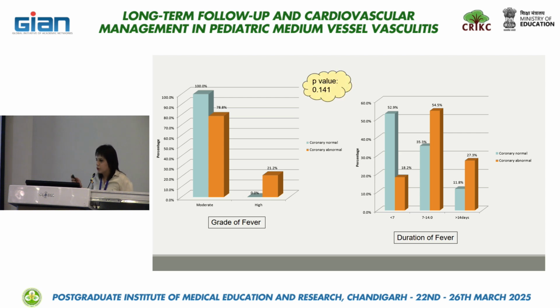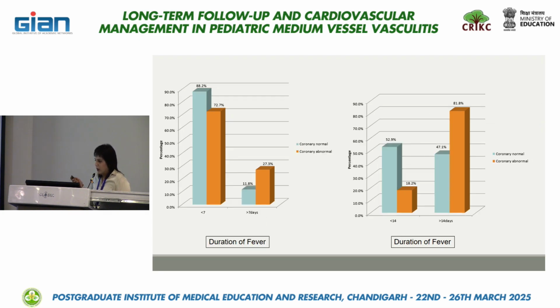With grade of fever also no significant p-value was found, but with duration of fever we could see a significant correlation, which showed that fever of less than 7 days was significant for more coronary abnormalities.